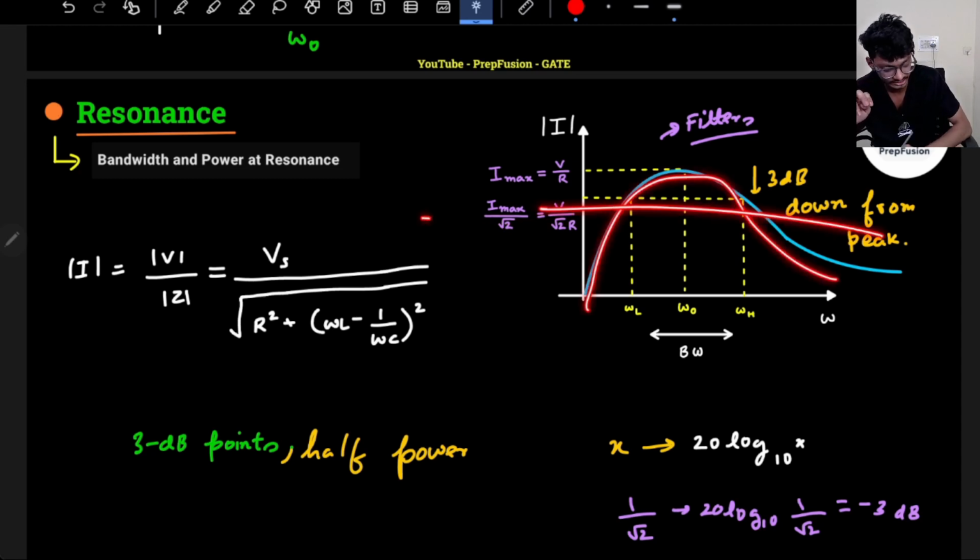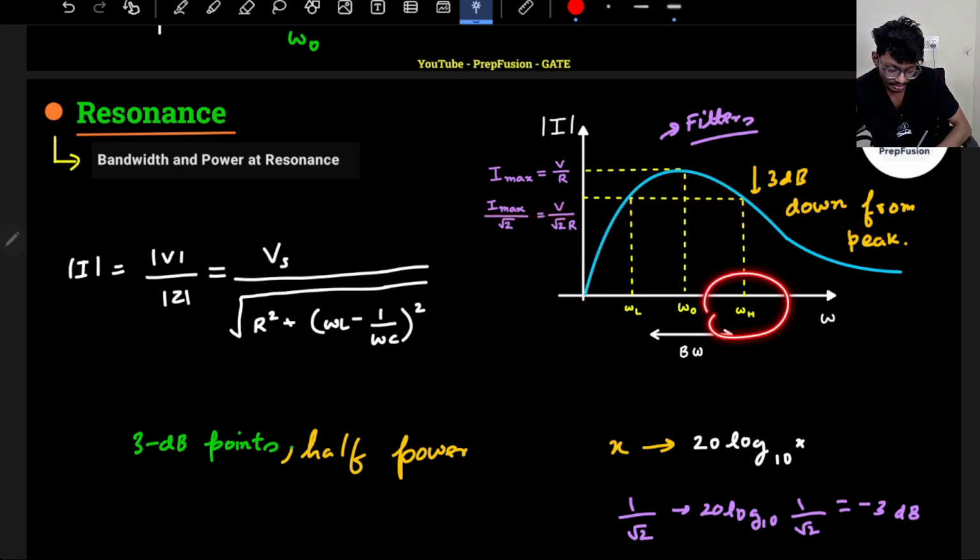One will happen after the resonant frequency, one will happen before the resonant frequency. The one which happens after the resonant frequency is known as the higher minus 3 dB frequency, omega h, and the one that happens before the resonant frequency is known as the lower 3 dB frequency, omega L. Got it? So this will be omega h and this will be omega L basically.